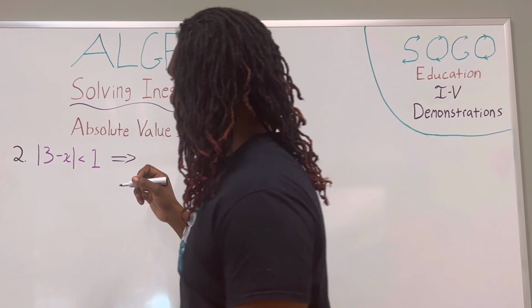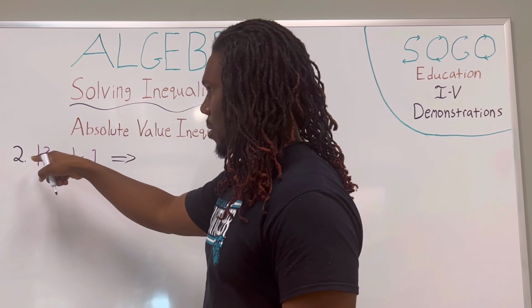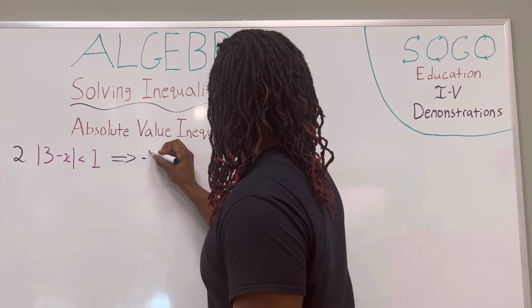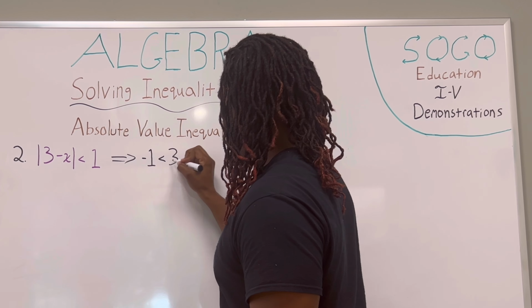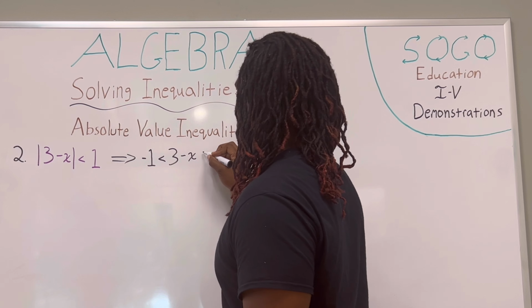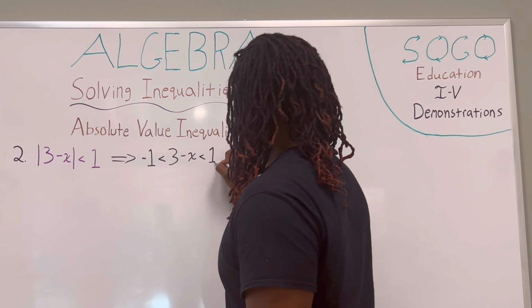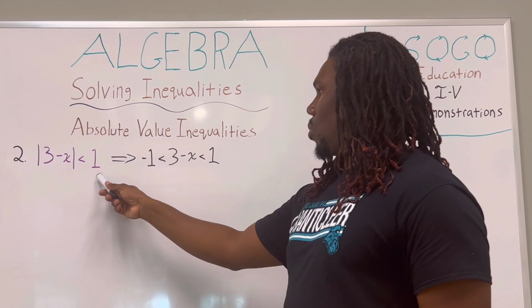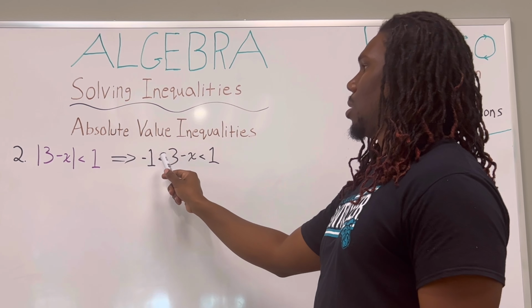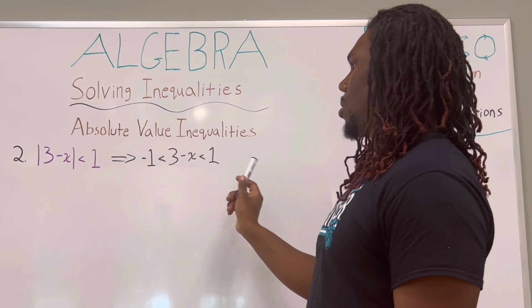So we take that number that's outside the inequality and negate it and put on the left. So you get -1, then carry that same inequality sign right past it. So you get less than 3 minus x and drop the absolute value sign and write the rest in. So now we got -1 is less than 3 minus x, which is less than 1.